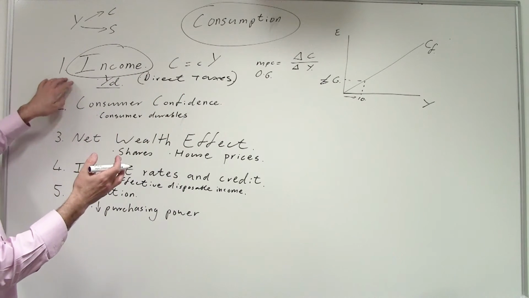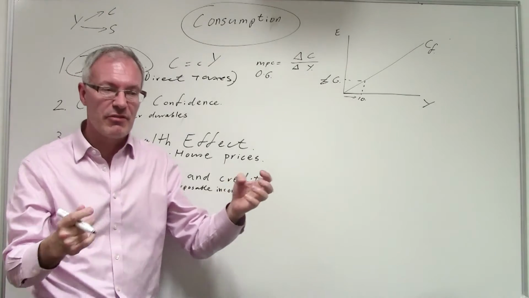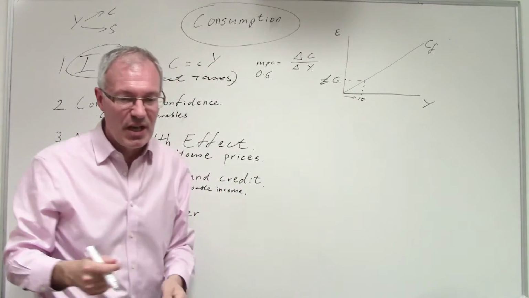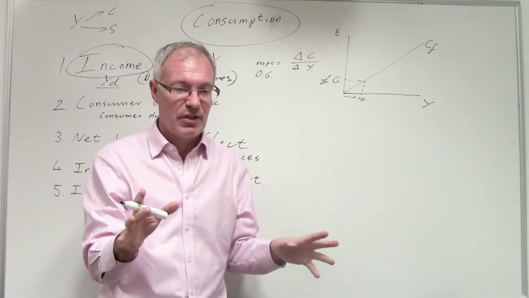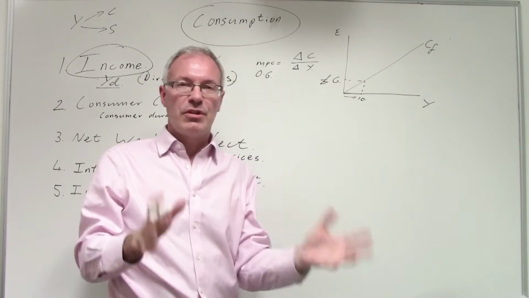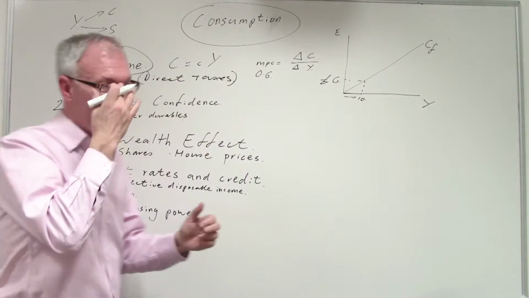A second determinant is consumer confidence. Now this is quite psychological, if not very psychological, and say that you think there's going to be a big recession, and say you think that you might lose your job, what are you going to do? Well, you're probably going to cut back on consumption.